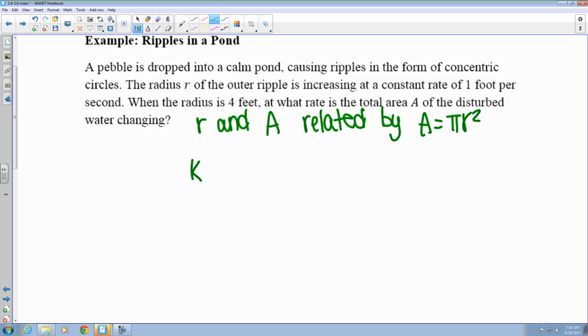We know dr/dt, that's the rate of change of the radius, is 1 when r is 4. We're trying to find dA/dt.